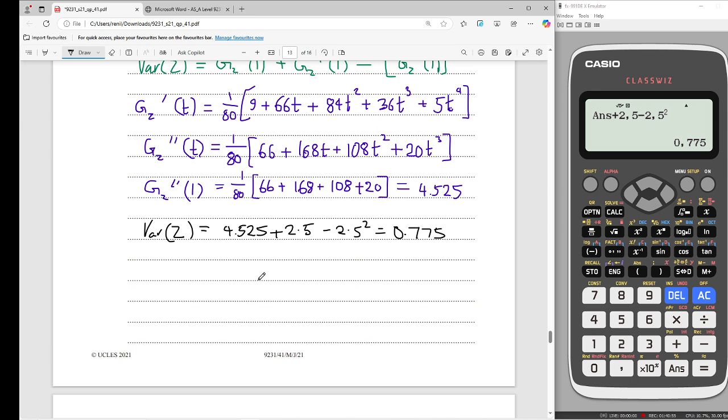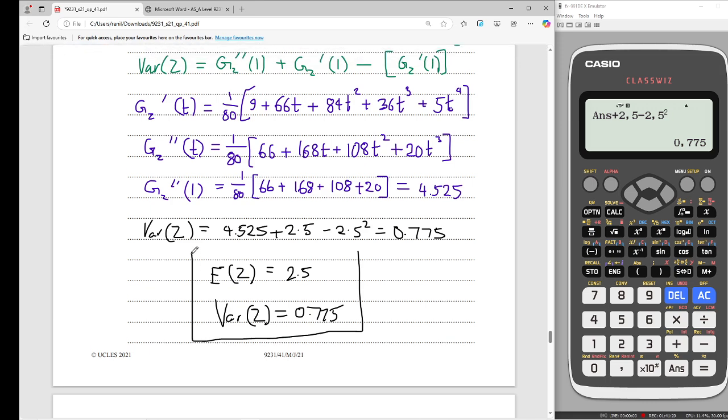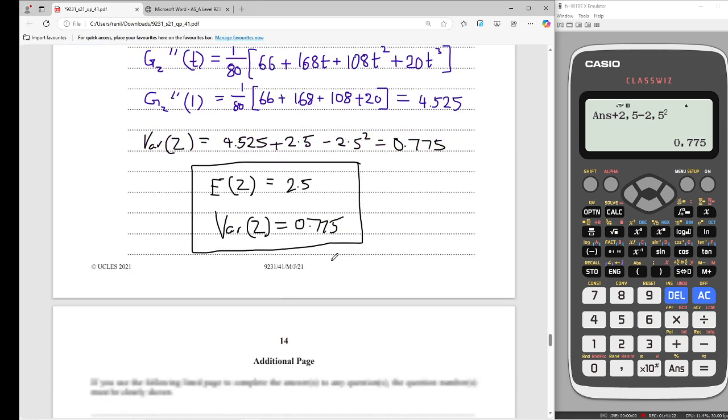So our final answer, E of z equals to 2.5, variance of z equals to 0.775, and just box this nicely, and there you go.